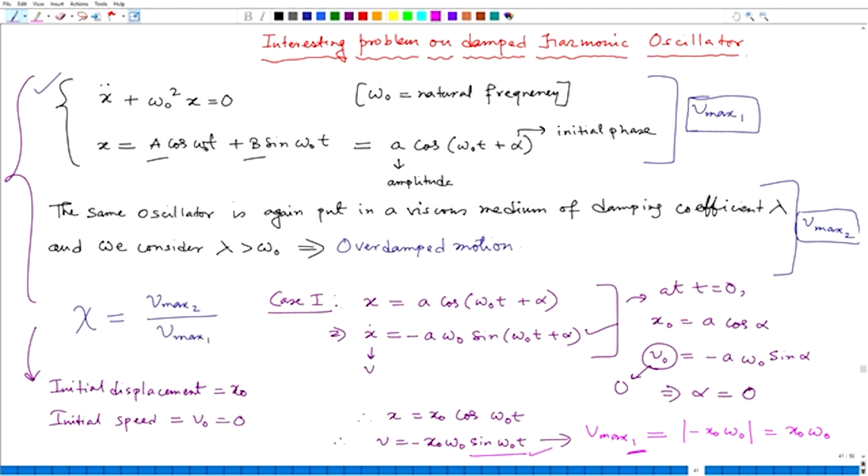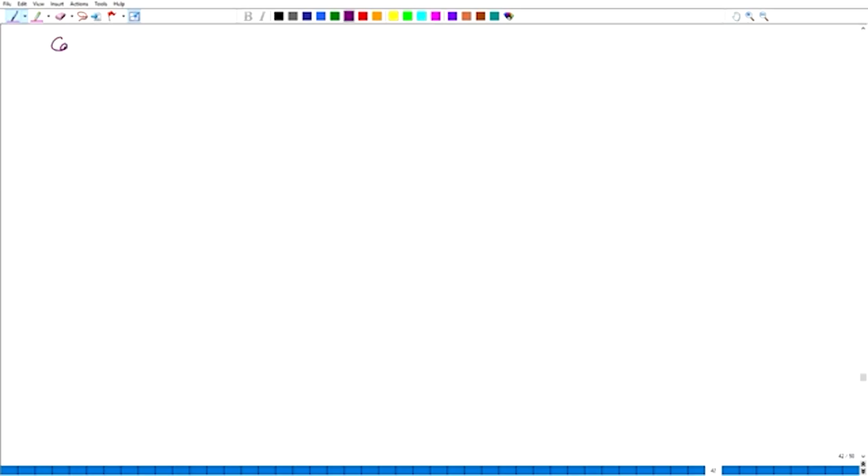Now, how do we find the maximum velocity in the second case? We consider case number 2, the case of over damped oscillation.